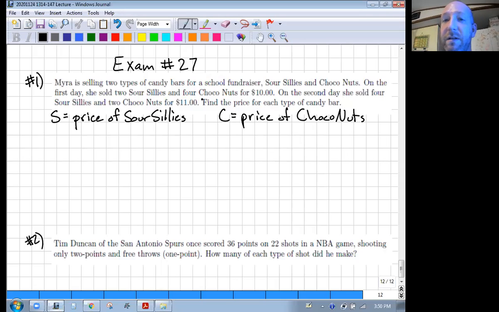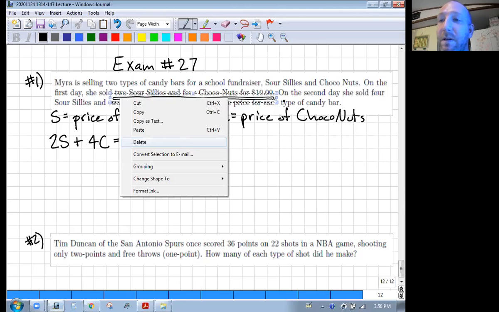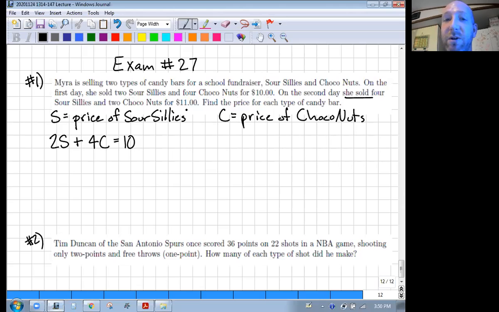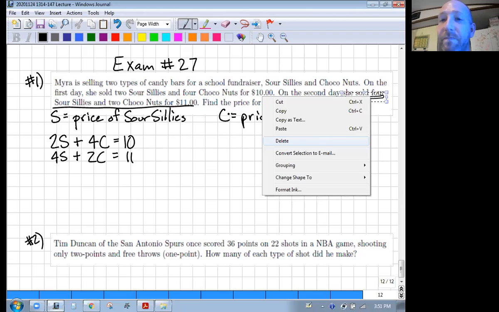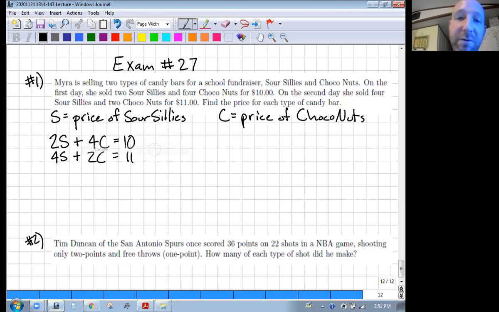So on day 1, 2 Sour Sillies, so 2 times the price of Sour Sillies, and 4 Choco Nuts, so 4 times the price of a Choco Nut, she made $10. The second day, she sold 4 Sour Sillies and 2 Choco Nuts, and she made $11. All right, so here's our two equations with two unknowns.